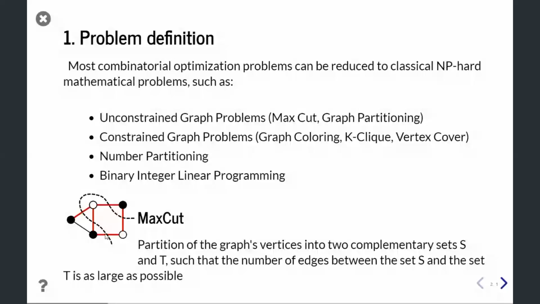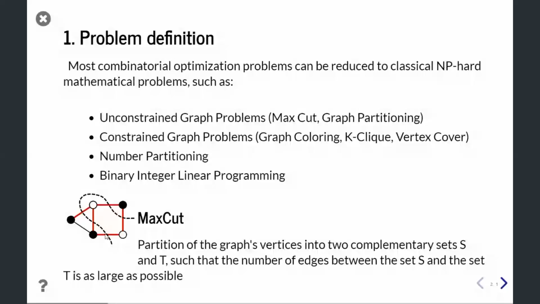But when the number of vertices in a graph increases, the number of possibilities explodes exponentially. When the number of vertices becomes too large, you cannot consider all the possible solutions.